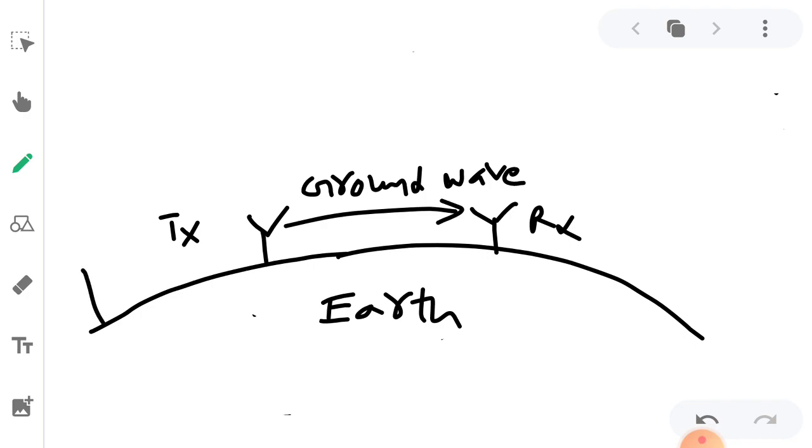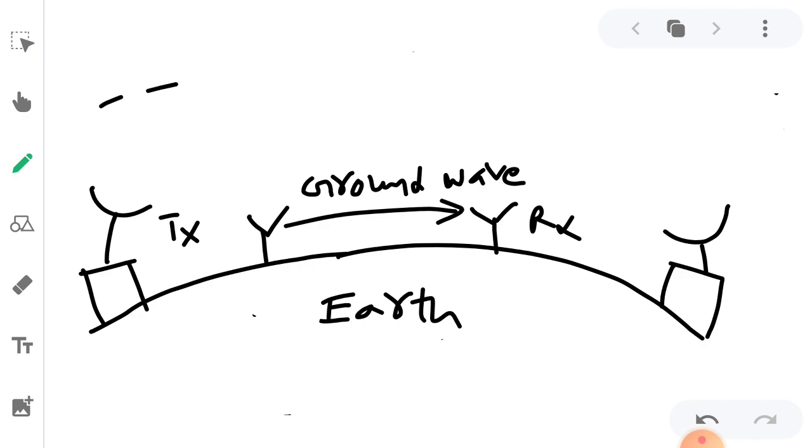Now we can have another mode of propagation, that is space wave, tropospheric wave propagation, and sky wave propagation. We'll see that here. These diagrams, and the curves, are nothing but antennas. First we'll talk about sky wave propagation, which uses the ionosphere for communication.